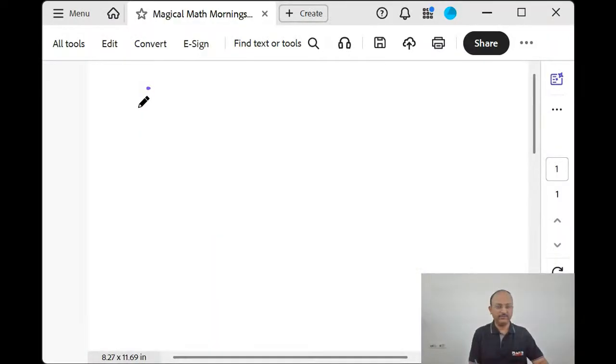But before going to that, let's see which one we are going to start. Let us try one with normal subtraction, and then we'll come to the method I shared. Suppose we take 96 minus 45.